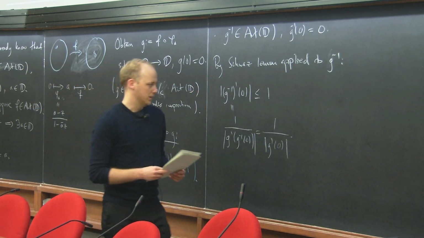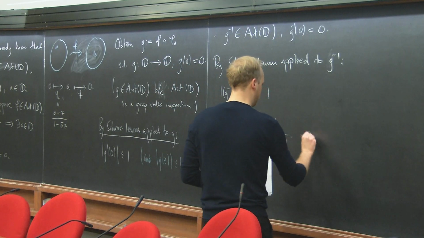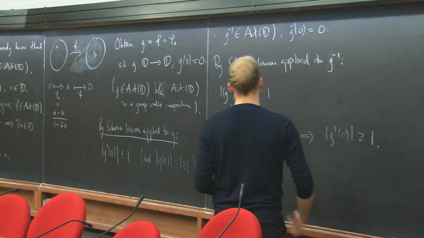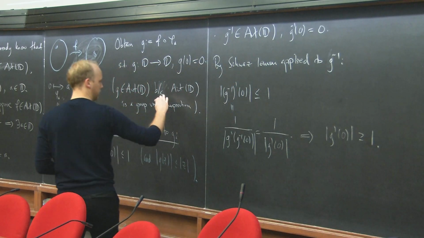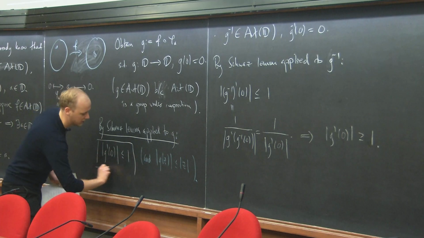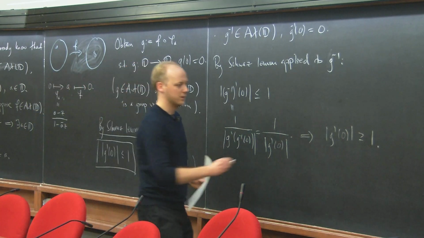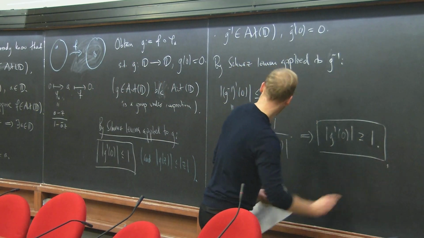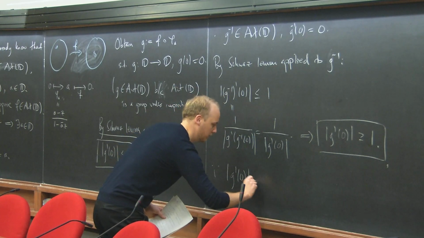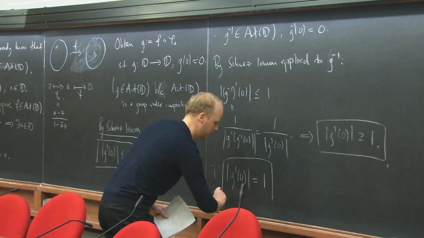So in other words, G prime of 0 is not only less than or equal to 1 from the first blackboard, but we also get that it is larger than or equal to 1. And the conclusion would then be that the absolute value is exactly equal to 1.